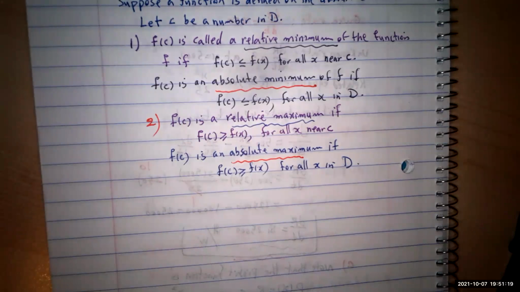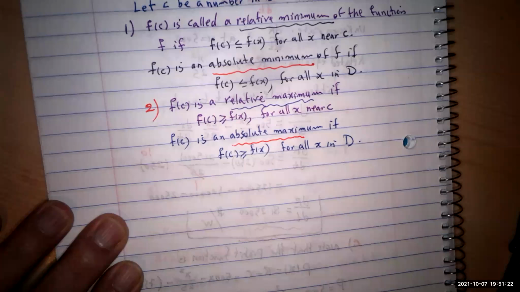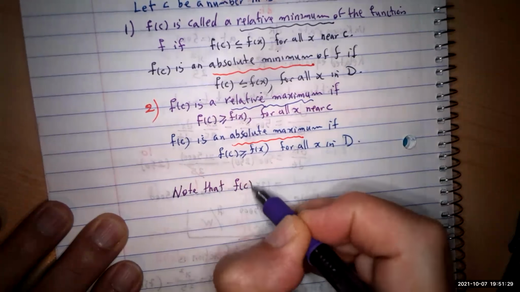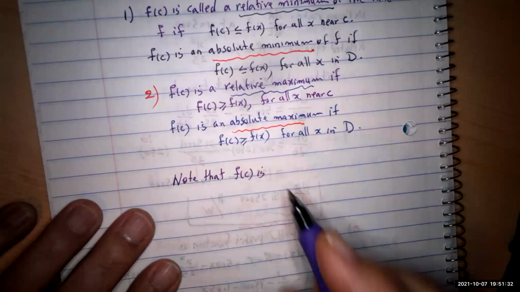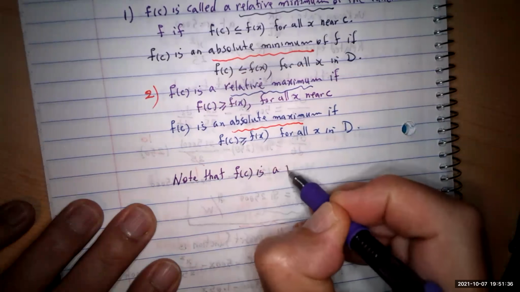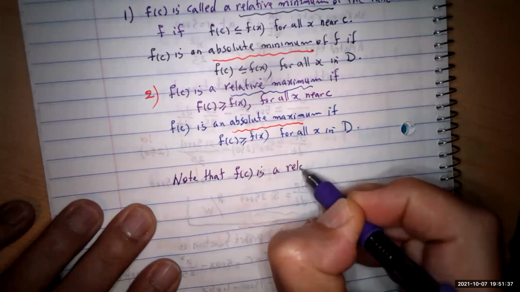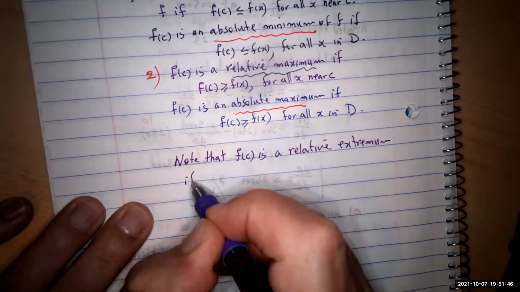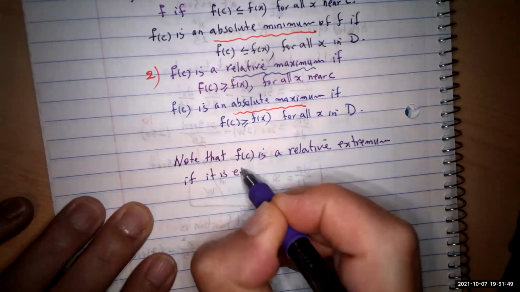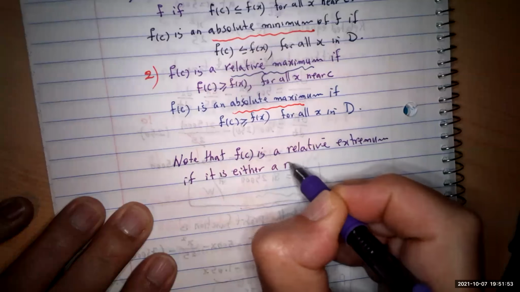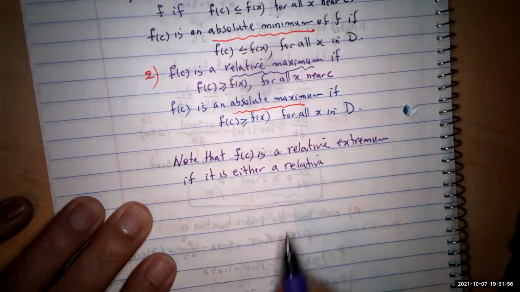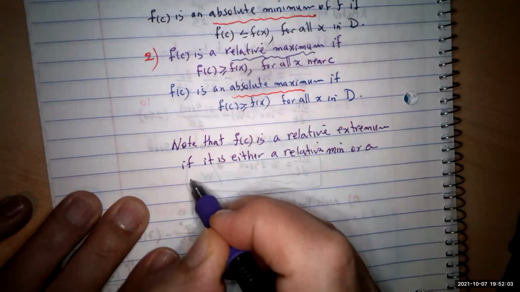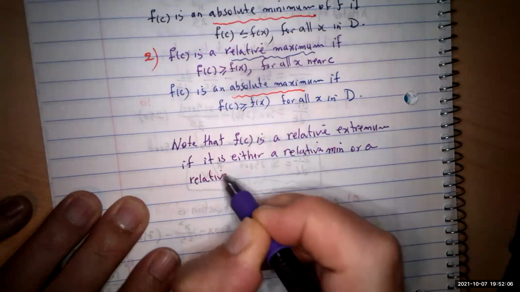So note that f of c is a relative extremum if it is either a relative minimum or a relative maximum.